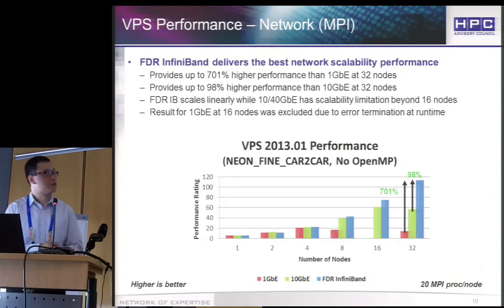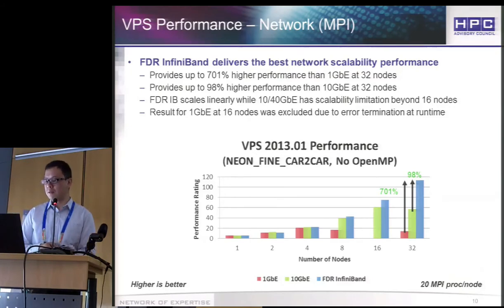The first slide I'm going to show you is the performance on different network interconnects. We're comparing 1 gigE and 10 gigE with FDR InfiniBand. FDR InfiniBand obviously shows high performance, not just because of the higher throughput; FDR is able to provide up to 56 gigabit per second. Compared to 1 and 10, you get some factors of performance benefits.